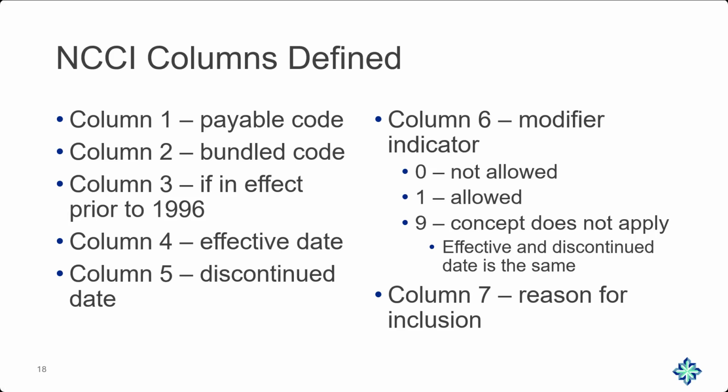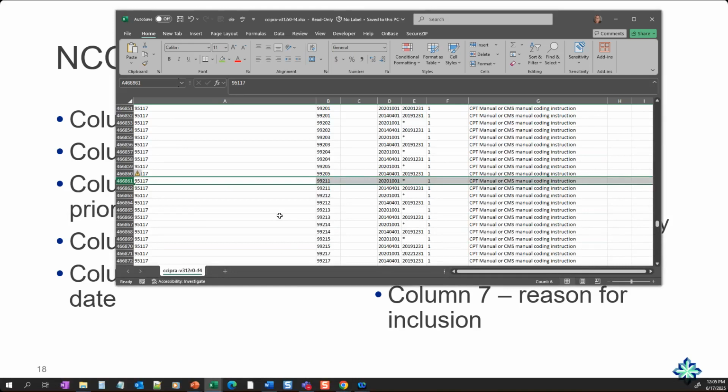One thing that I did want to show, so here's an example of that list that you're looking at on that screenshot. One question that we've gotten would be for allergies. So here is an allergy procedure code. That is the column 1 code that is payable.